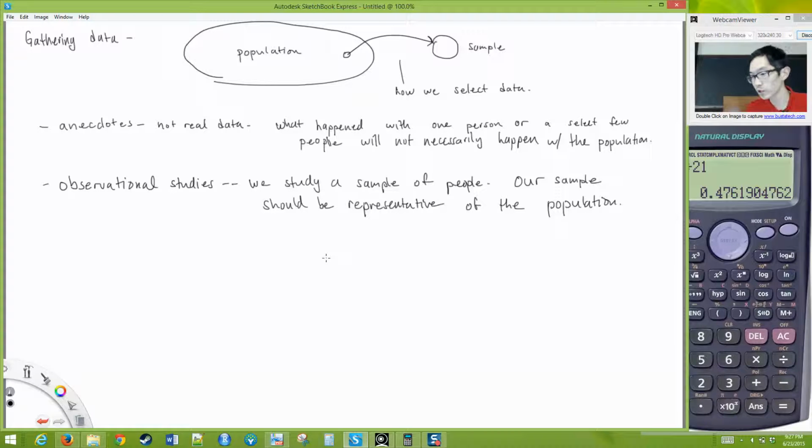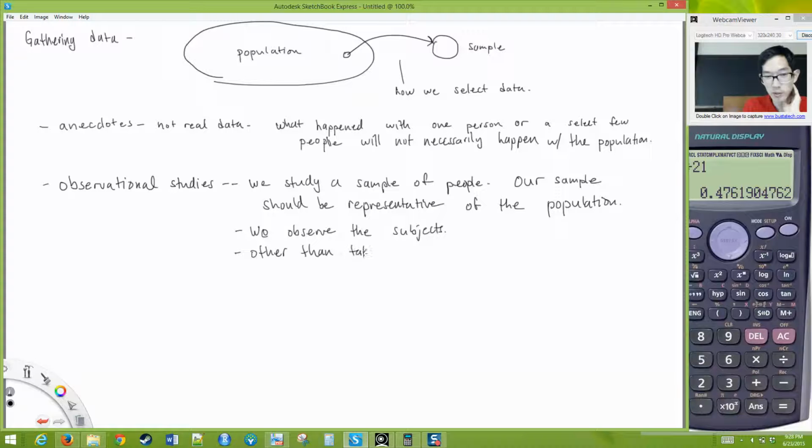With observational studies, we observe the subjects, and other than taking measurements or making recordings and other than observing, we don't interfere with the subjects.